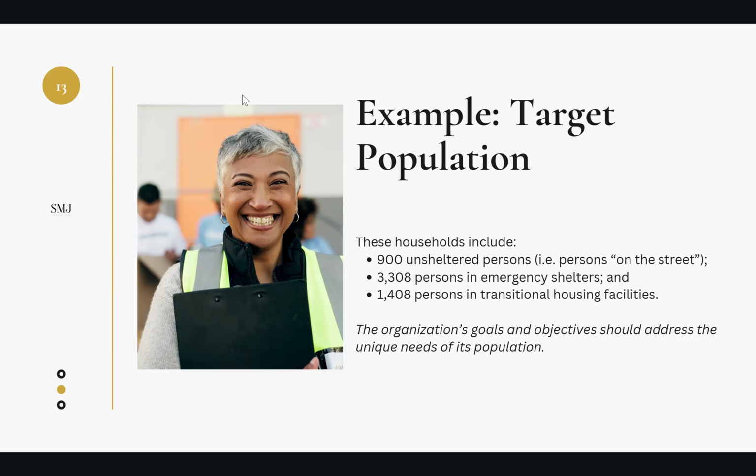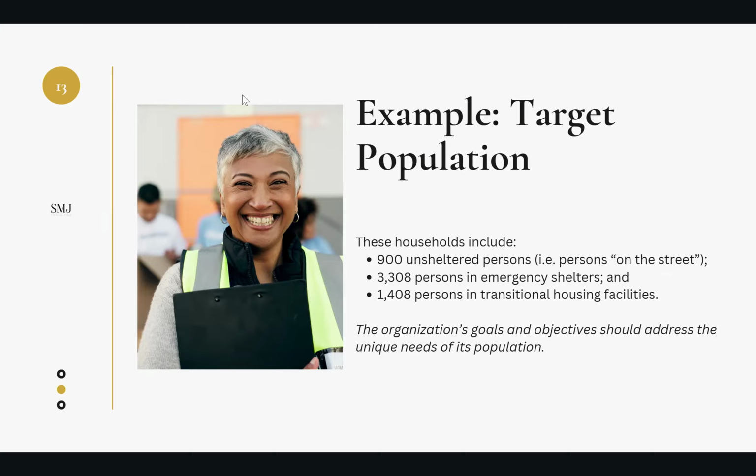So this is the opportunity where you may actually share data about the population. You may also share the characteristics of those you are helping. For the organization that is featured in these examples, their focus is the homeless population in DC.